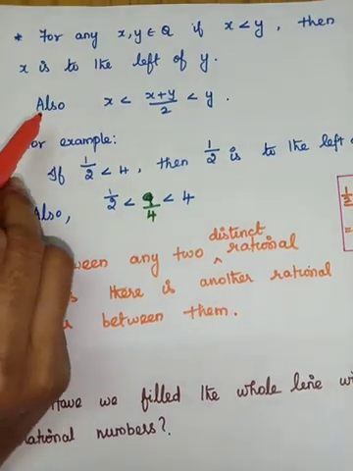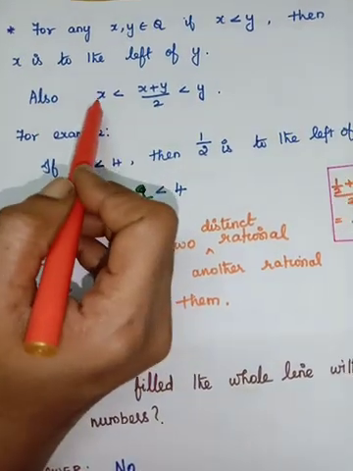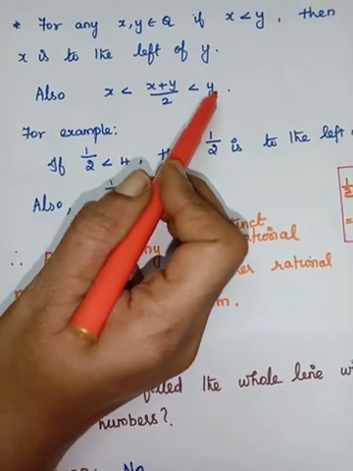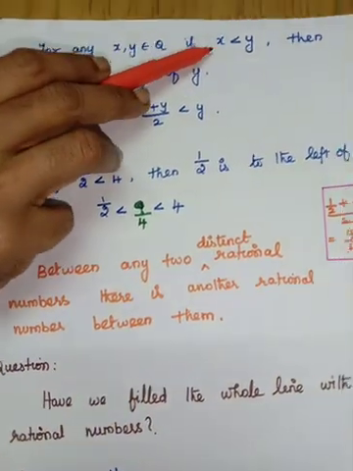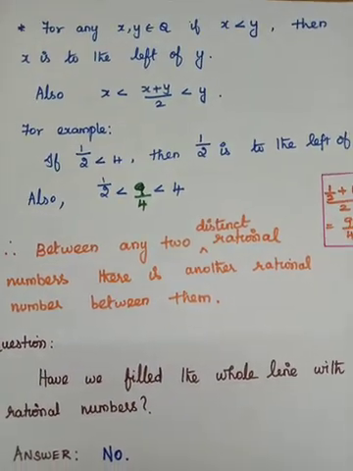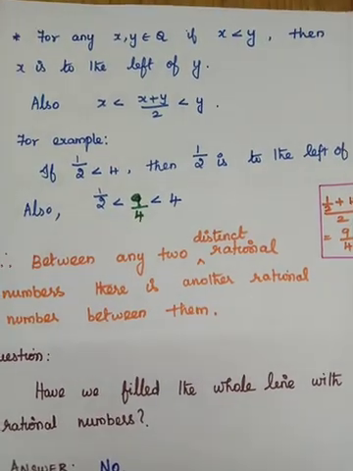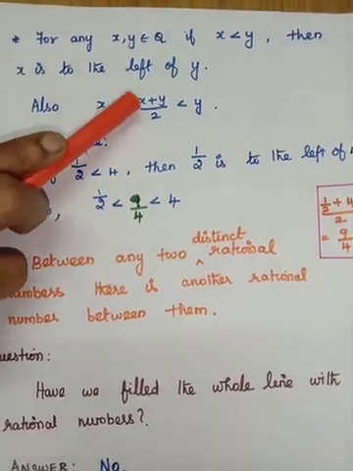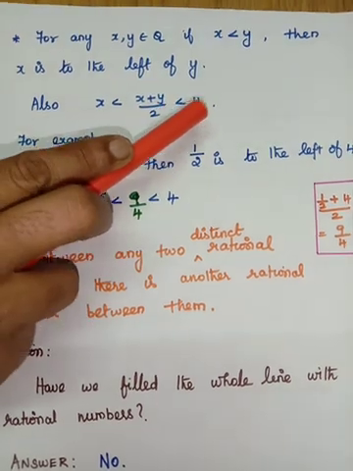And also we have the relation x less than (x plus y) by 2 less than y. You see now, x is less than y means x has to be marked to the left of y, and also we can write x less than (x plus y) by 2 less than y.